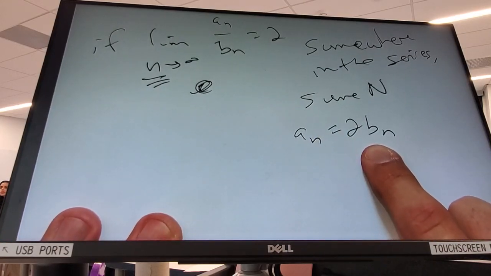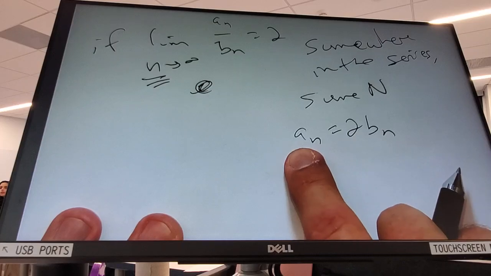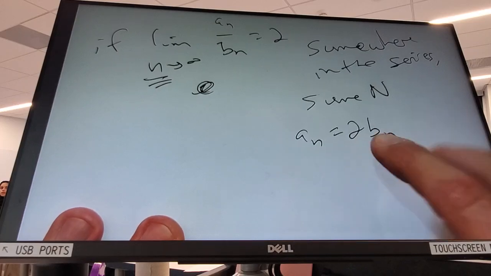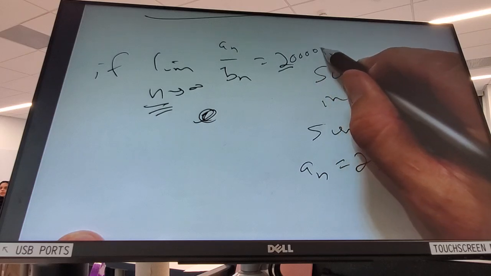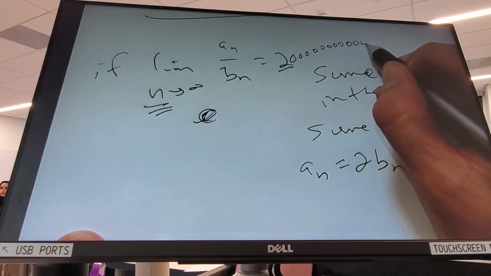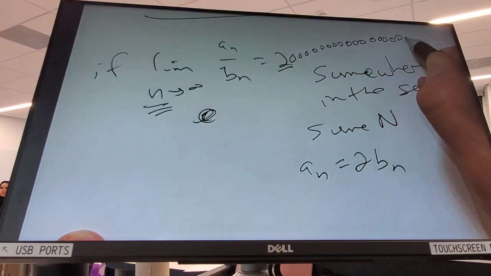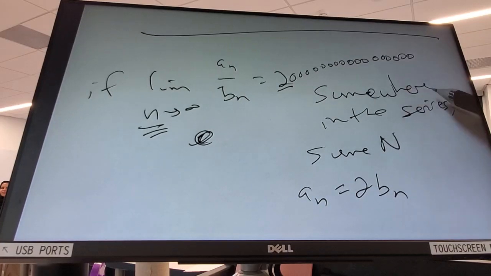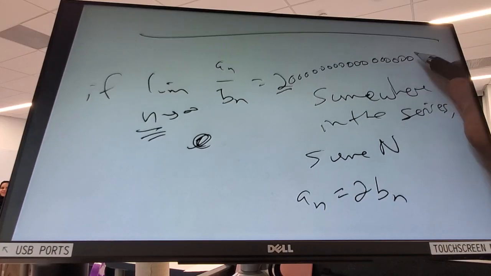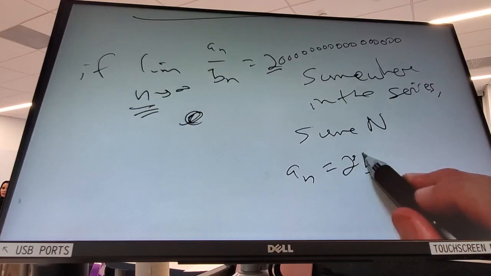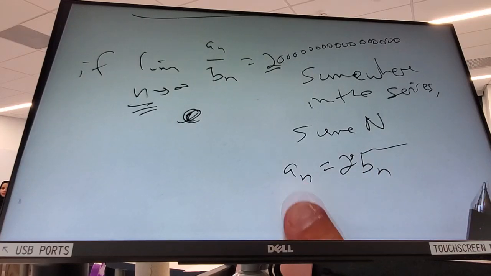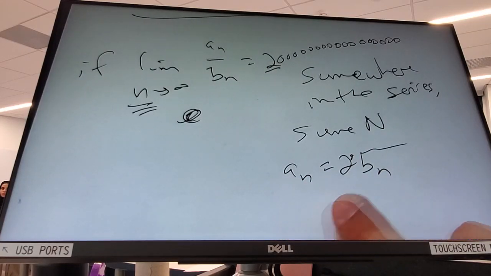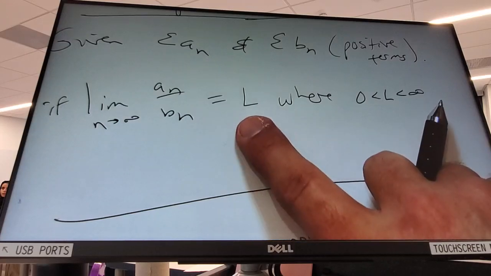And if this series diverges, what does this series do? And what could this have been? Would it matter if it was 2 million, 20 million, 2 billion, 2 quadrillion, 2 sextillion? Wouldn't this still, if one converges, the other one does. If one diverges, the other one does. As long as this limit is finite.